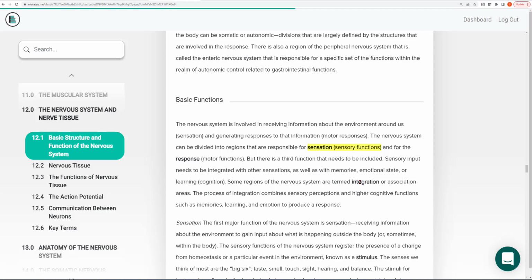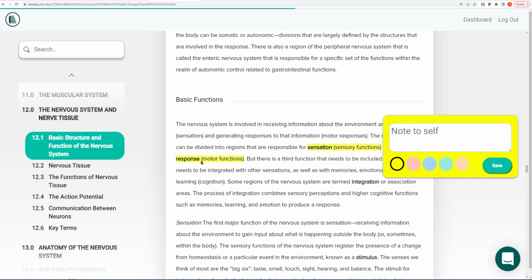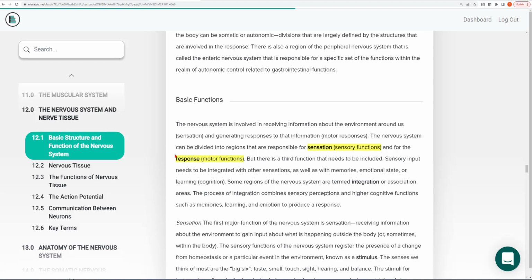It's going to integrate, process, think about the information, and then finally the brain is going to respond through what's referred to as motor function, right? So we have sensory functions, motor functions, and then that integration, how it's all brought together.